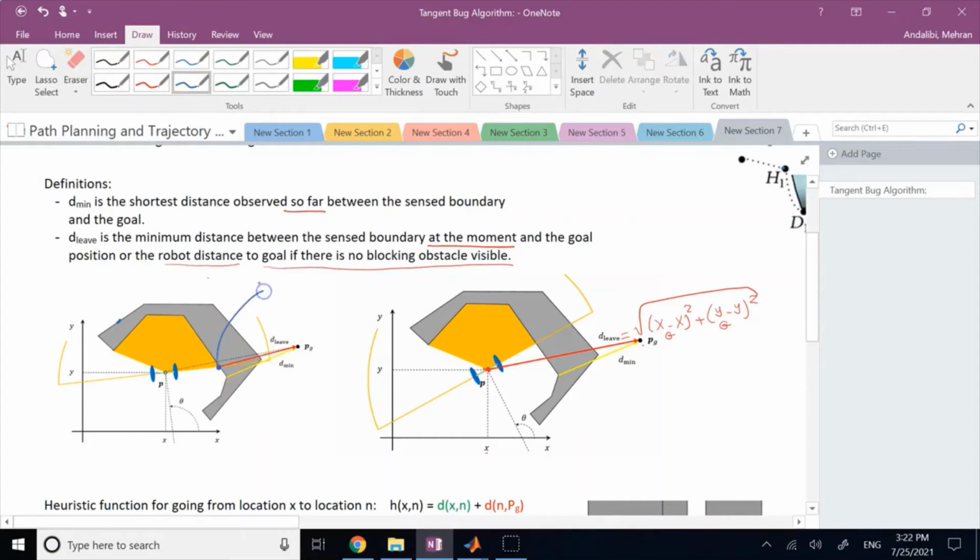If you call this endpoint P1 and its location is xP1 and yP1, then this d leave is the square root of, of course, (x goal minus xP1) squared plus (yg minus yP1) squared. Okay, and how do you get xP1 and yP1 based on x and y?